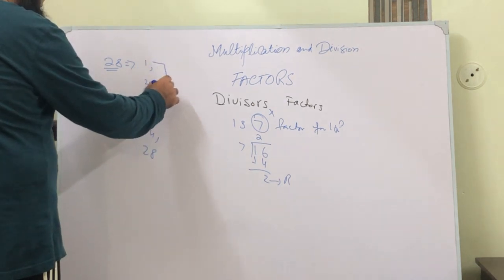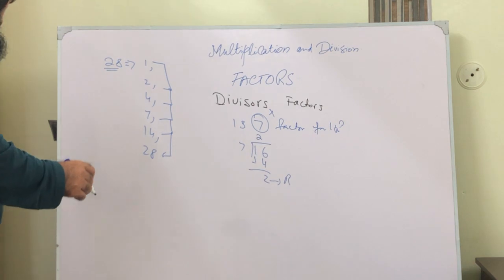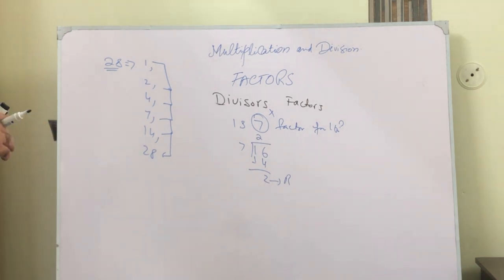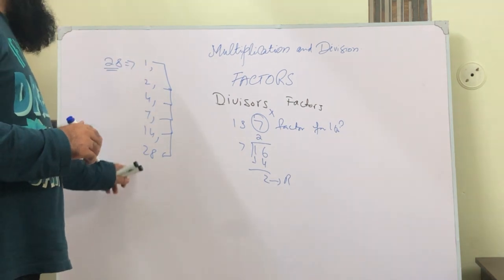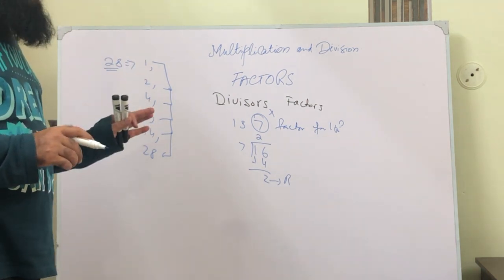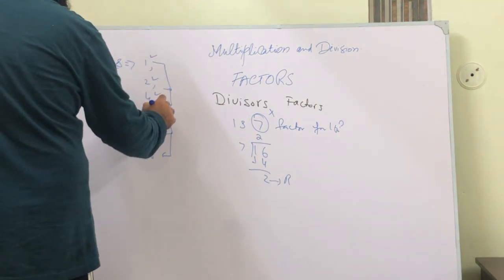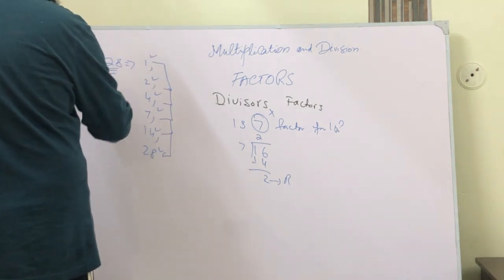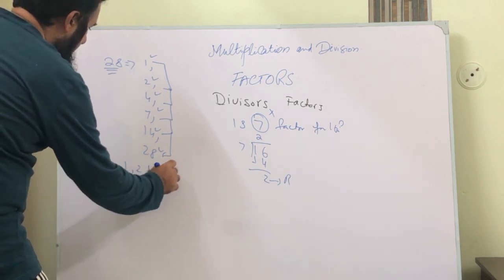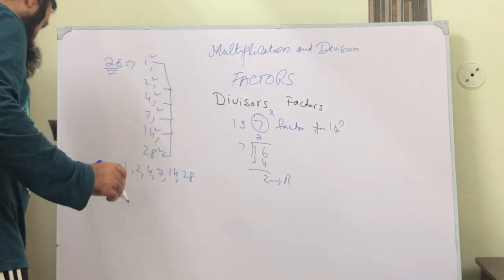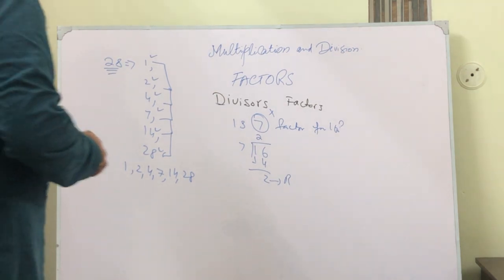So 1, 2, 4, 7, 14, and 28. These are the divisors. When we divide 28 by these numbers, we get remainder 0. So these are the factors of 28: 1, 2, 4, 7, 14, 28.